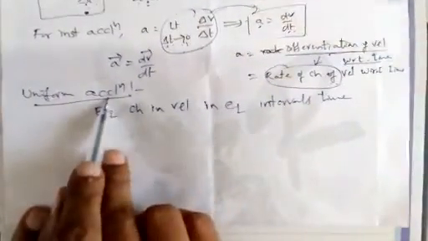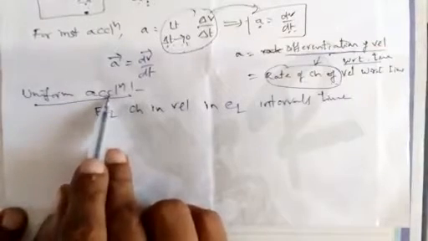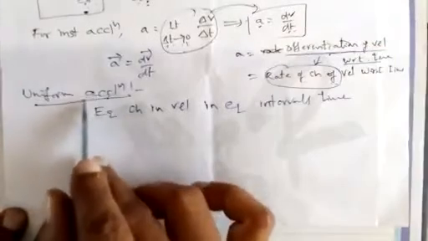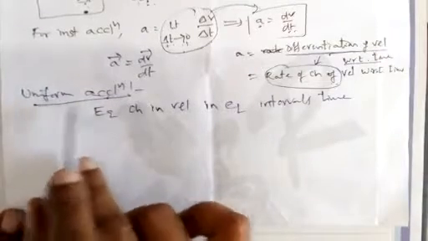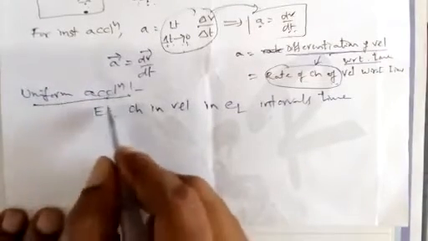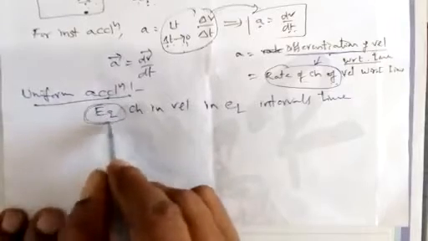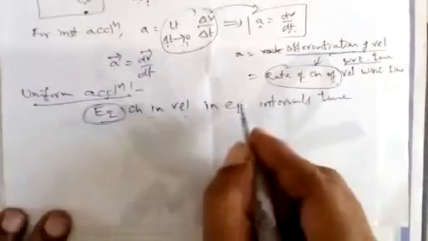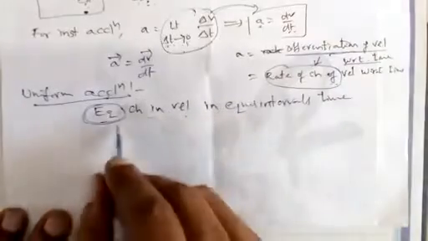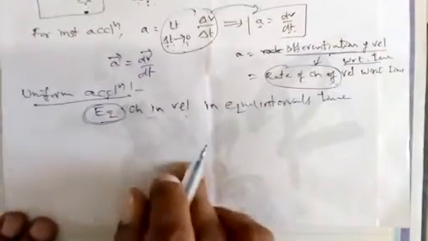What is acceleration? Change in velocity with respect to time. Uniform acceleration means change in velocity must take place at regular intervals in equal amounts. So equal changes in velocity in equal intervals of time is called uniform acceleration.